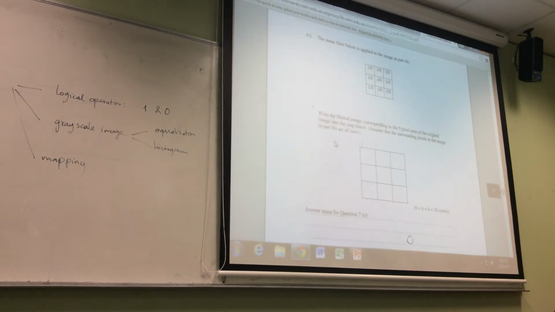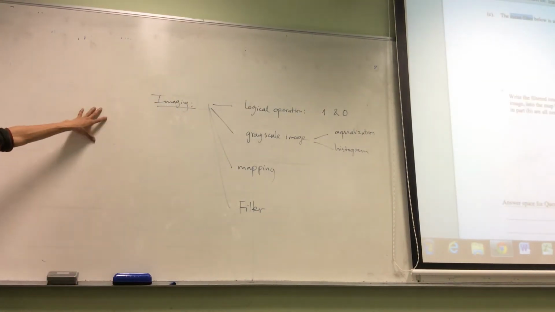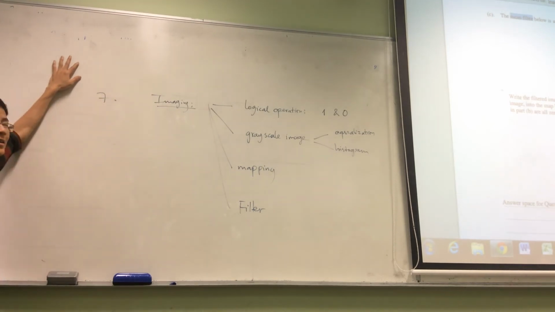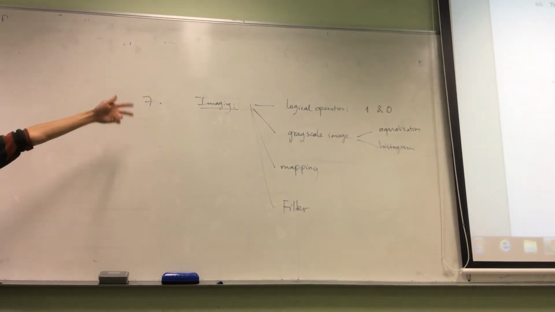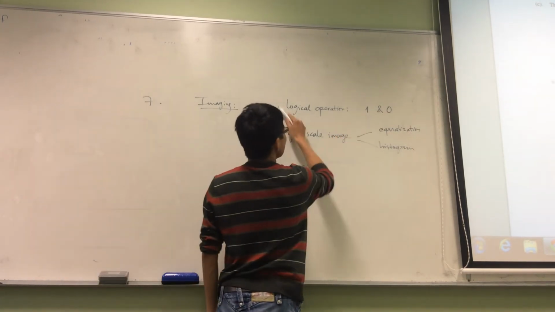But in part C, you have filters, like the mean filter. So these things can be asked in question 7. Maybe 4 times, and each year they will choose 2 of them. That's what I see. Okay, easy peasy. So today we'll do the easy part, logical operation.